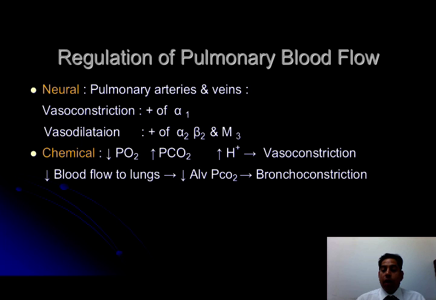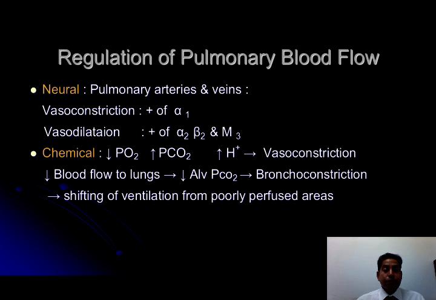Any fall in the blood flow to the lungs will decrease the alveolar PCO2 and lead to a bronchoconstriction. This causes the shifting of the ventilation away from poorly perfused areas. See, the mechanism here is so well made. Suppose a particular zone of the lung is not getting adequate ventilation. If you supply blood to this area, it is of no use.